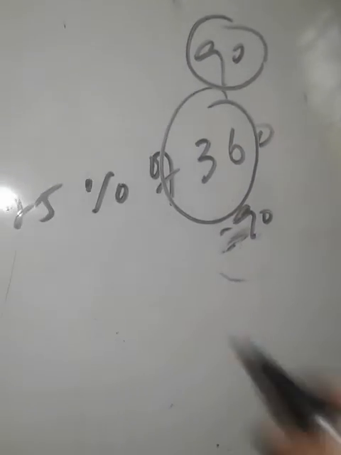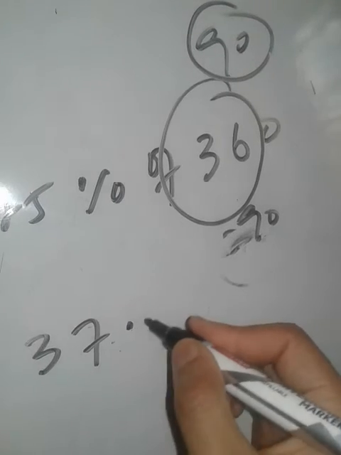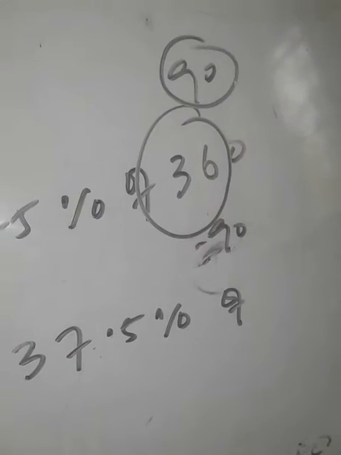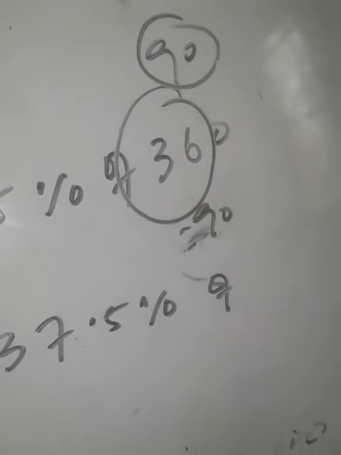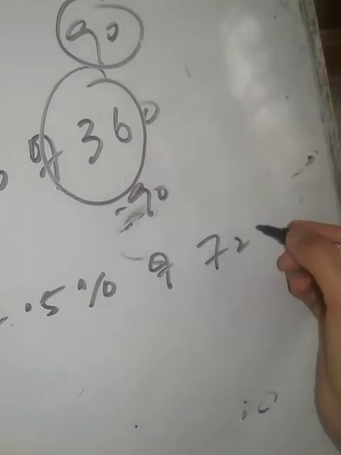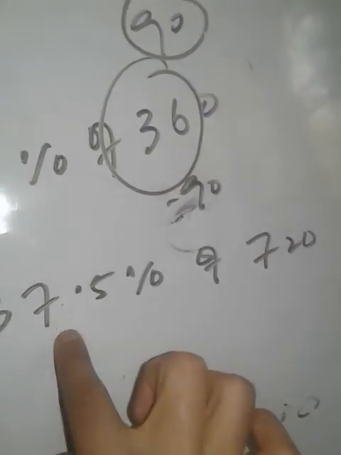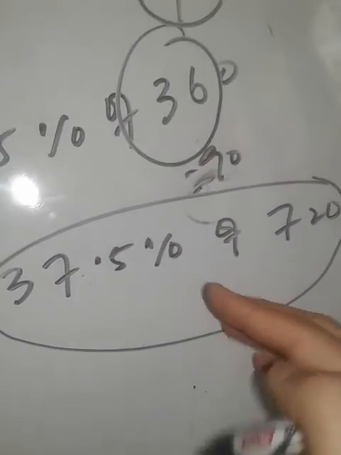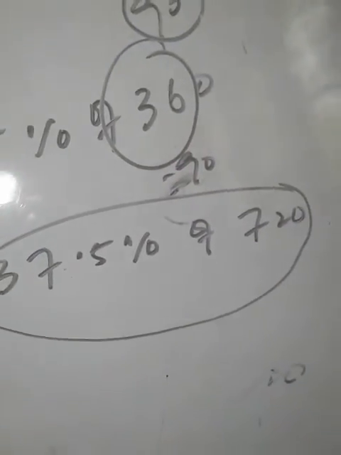Suppose you are asked to find 37.5% of 720. If you don't have any idea about the percentage table, how can you calculate this?